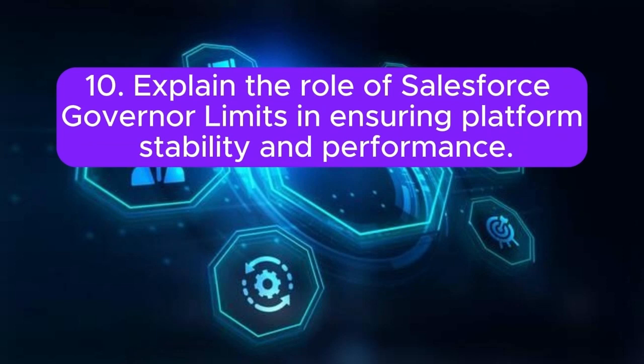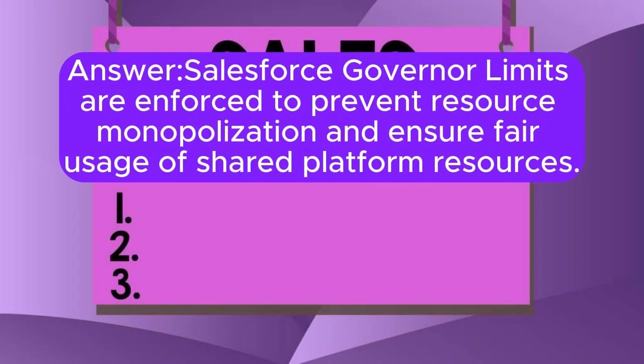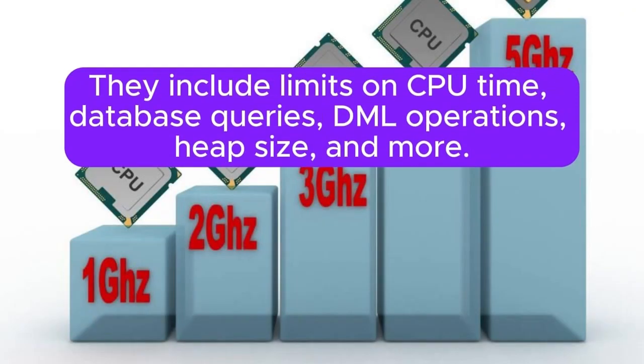10. Explain the role of Salesforce governor limits in ensuring platform stability and performance. Answer: Salesforce governor limits are enforced to prevent resource monopolization and ensure fair usage of shared platform resources. They include limits on CPU time, database queries, DML operations, heap size, and more.